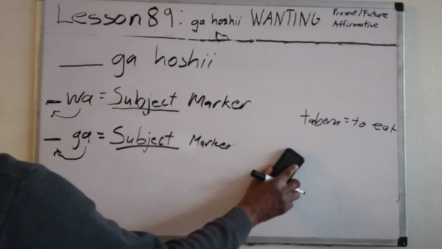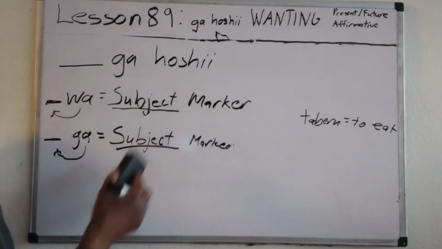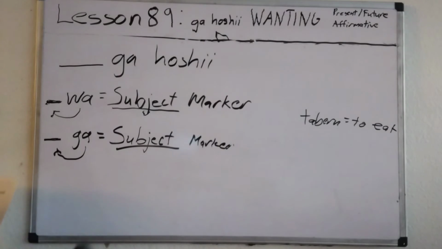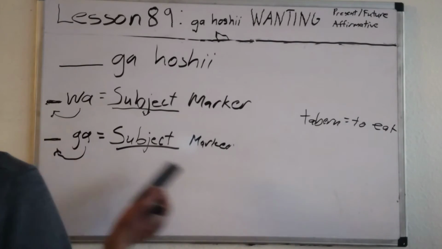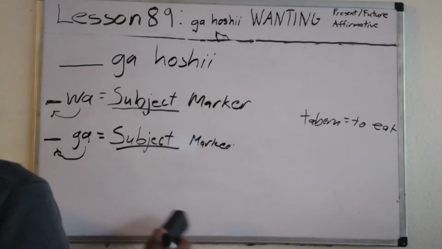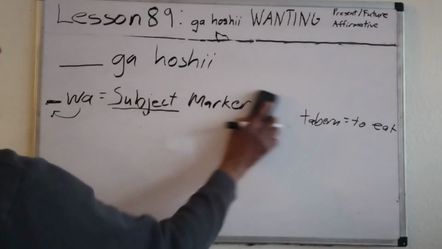Okay, so wa is old, which we've been doing, so that's kind of old itself. Ga is new information, which is new right now. So that kind of works out too. Wa is old, ga is new.